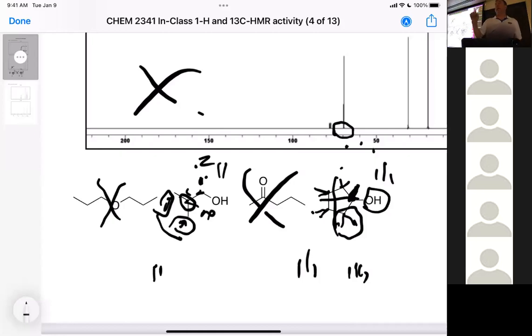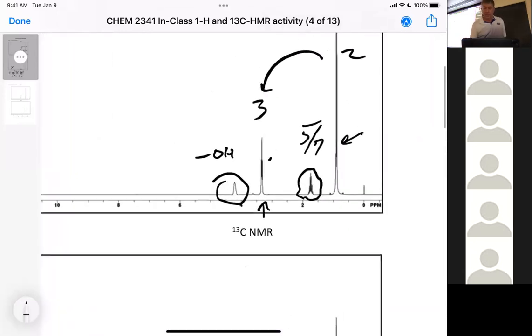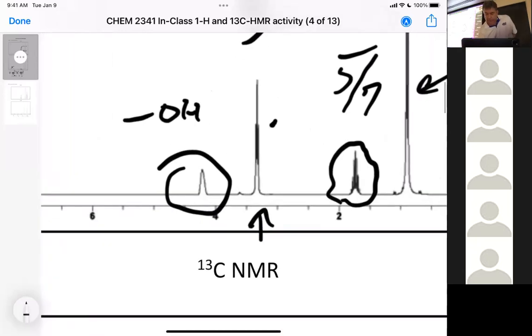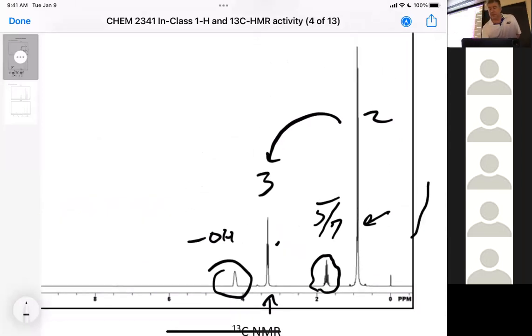So 8 is our N, so it's going to be 9. So now let's look at our proton NMR. Looks like we have a triplet, a doublet, and I don't know, that could be 9. Can't tell.